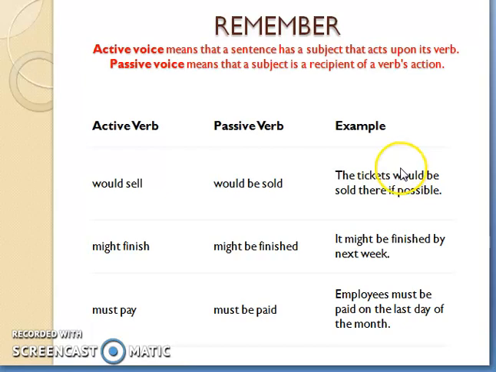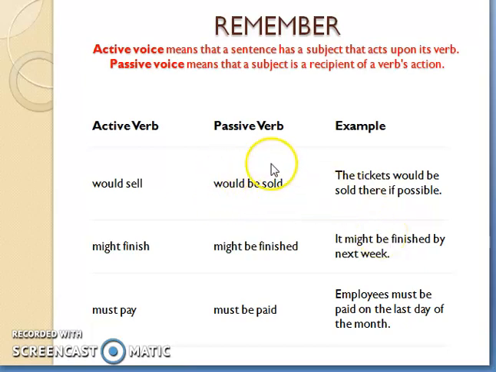Let's check the example: The tickets would be sold there if possible. You notice? Let's go with the other one. Might finished. Might be finished. The example: it might be finished by next week. Interesting, right? Notice the difference?